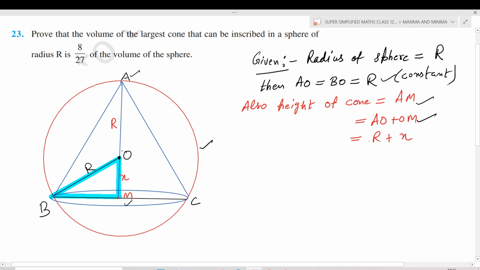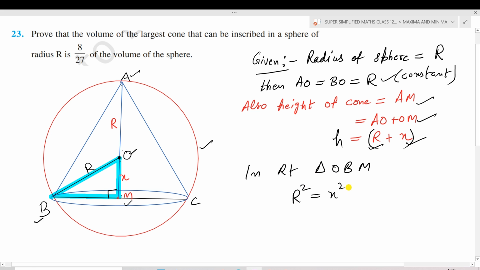Now consider triangle OBM. In right triangle OBM, we can apply Pythagoras. According to the Pythagoras theorem, R square is equal to x square plus BM square. BM is the radius of the cone. Let us assume that the radius of the cone is small r.